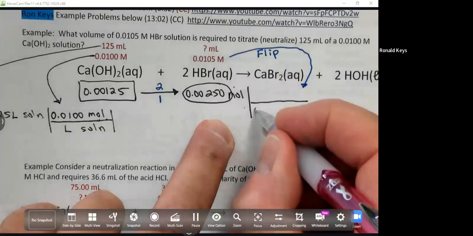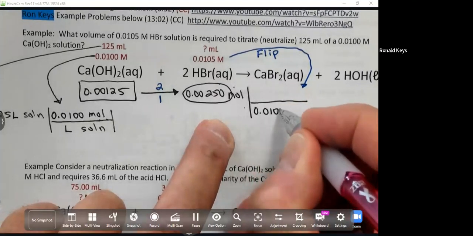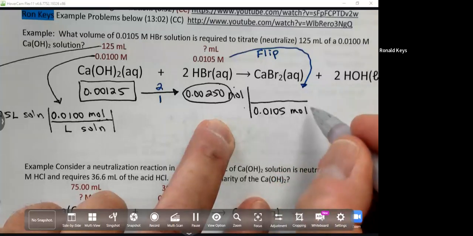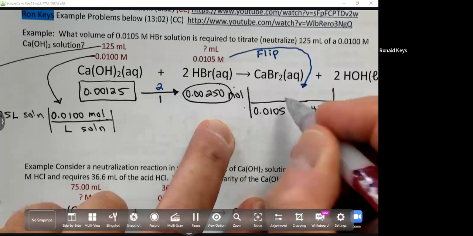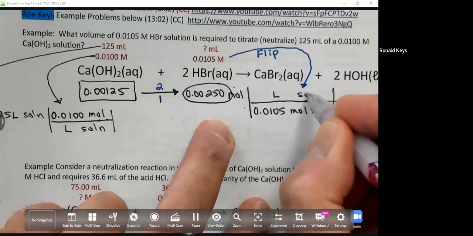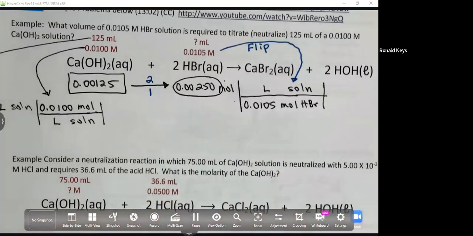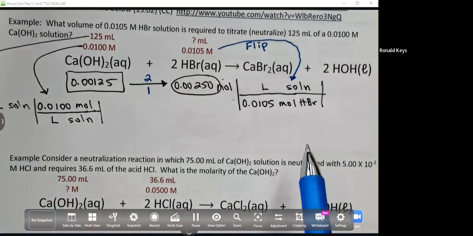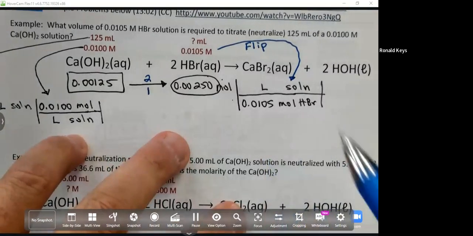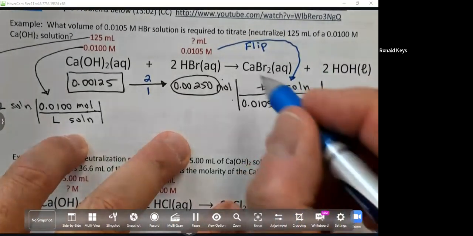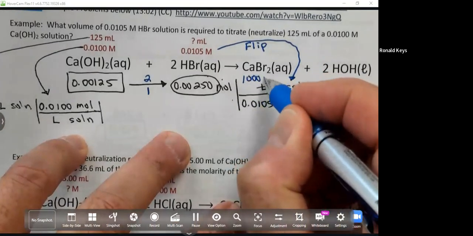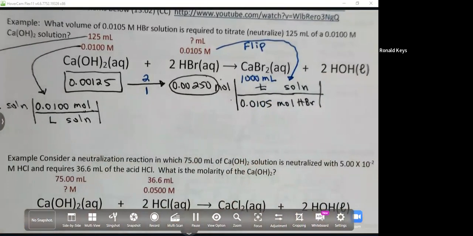So I'm putting my 0.0105 mole down below of HBr. My liter of solution on top. Now let's do that same cheat thing because I want my answer in milliliters. I'll simply cross this L out and I'll write in 1,000 milliliters.